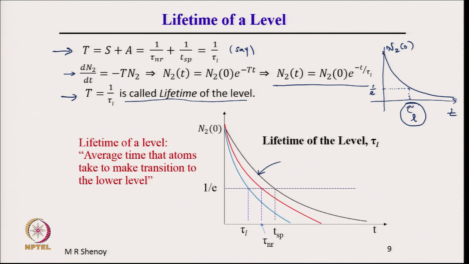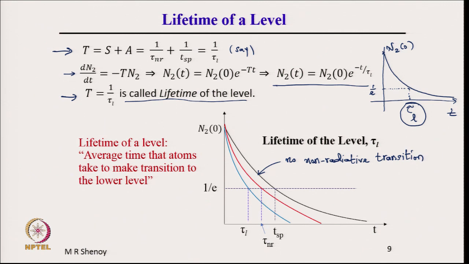This we have already seen, the first graph. In this we had assumed no non-radiative transitions. We did not talk of non-radiative transitions at that time. We said that every spontaneous emission brings down one atom and gives out one photon.